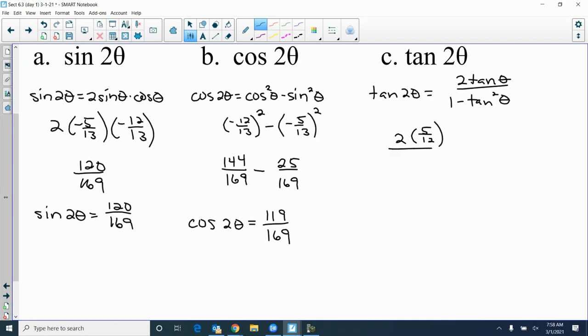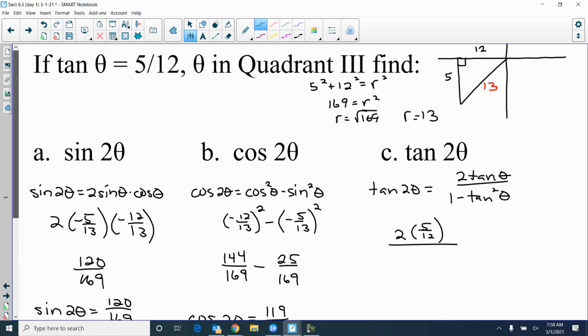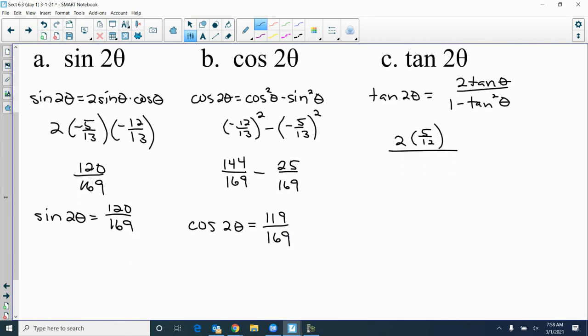I believe so. I'm going to double check. Yep. 1 minus 5/12 squared. Okay. Let's see what we get here.